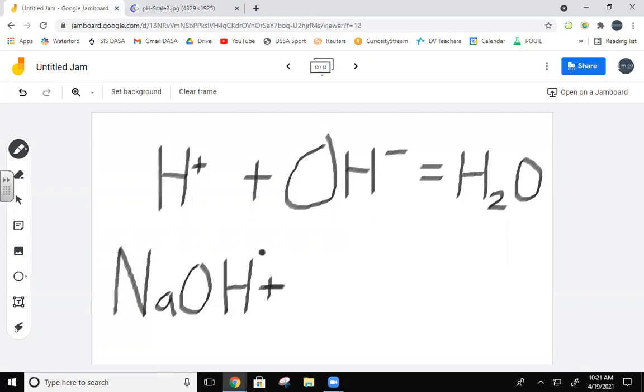Okay, sodium hydroxide. Now let's combine that with a common acid, which is carbonic acid. Sodium hydroxide plus carbonic acid.